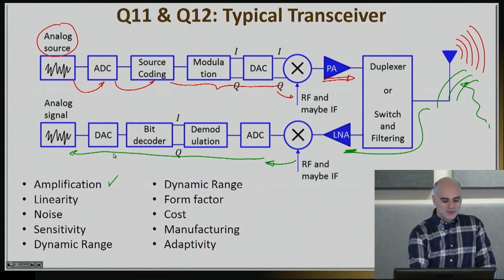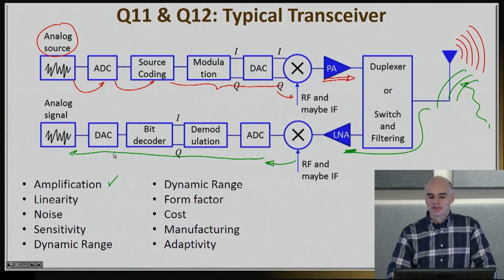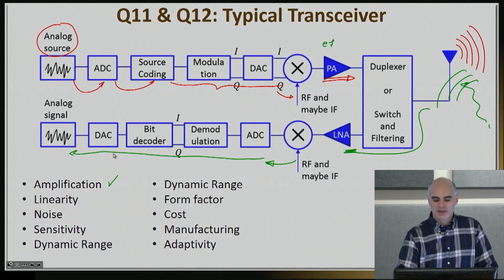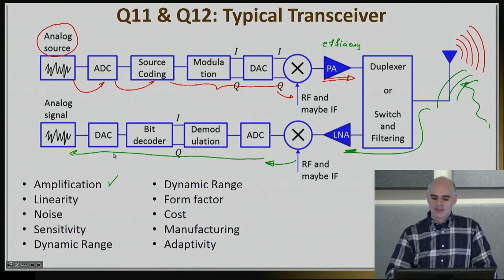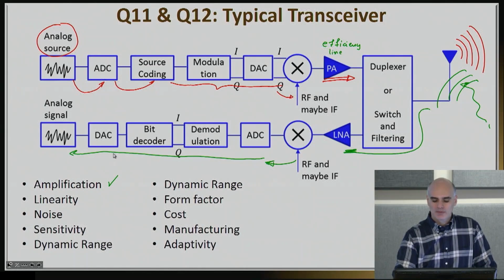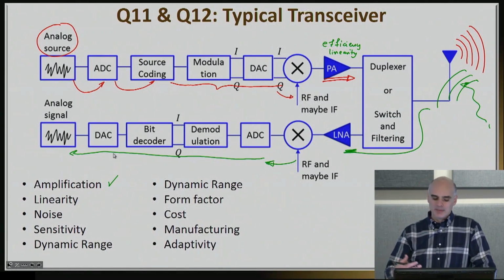First of all, you have to worry about amplification. We already said some major things about it. You have to worry about the efficiency of your amplifier in the transmit path, but you also have to worry about its linearity. As I mentioned before, you can't simply pollute the spectrum just because you can't make a linear amplifier. Similarly, amplification is very critical in the receive path.